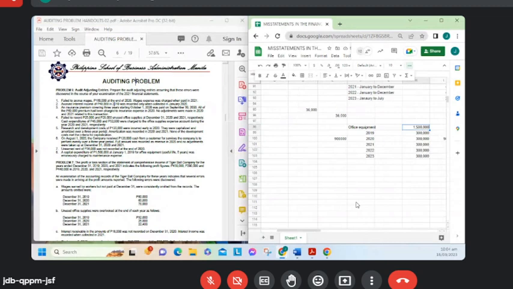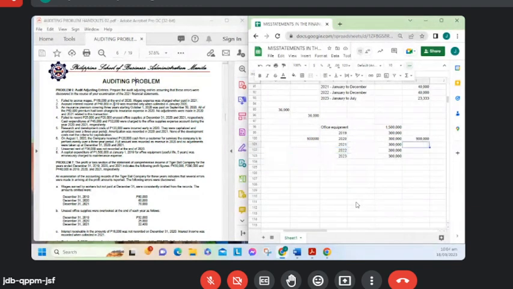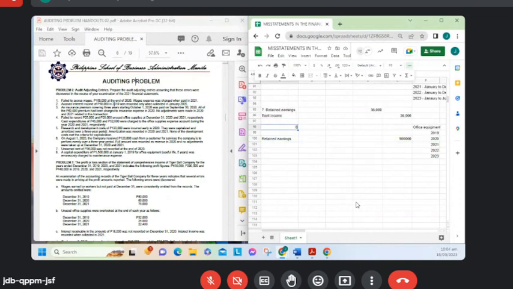Then, since this was expensed out, it means that office equipment is understated as well, no? So how much should be the office equipment at the end of 2021? So to record it properly, let's record office equipment 1,500,000 pesos.